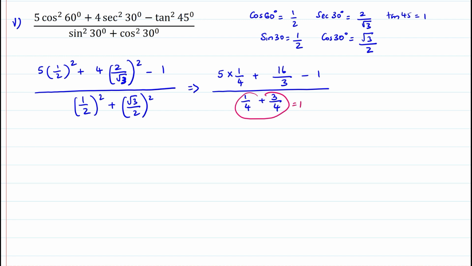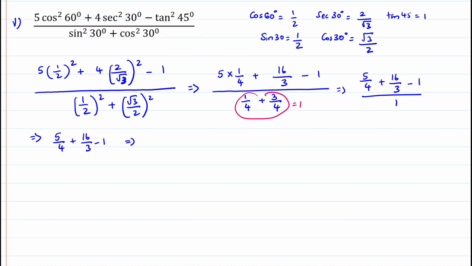Okay, so we will write this as 5 by 4 plus 16 by 3 minus 1 divided by 1, that is equal to 5 by 4 plus 16 by 3 minus 1.